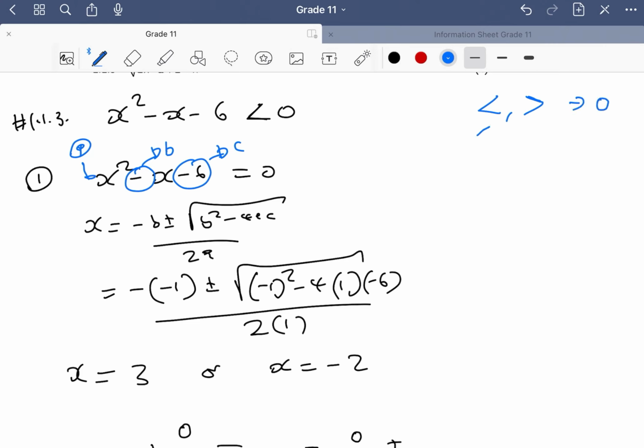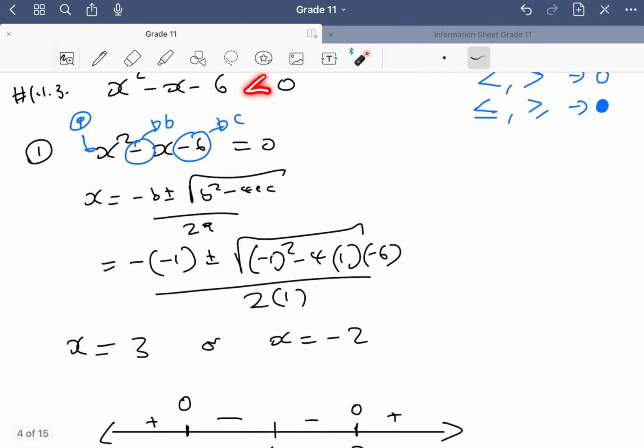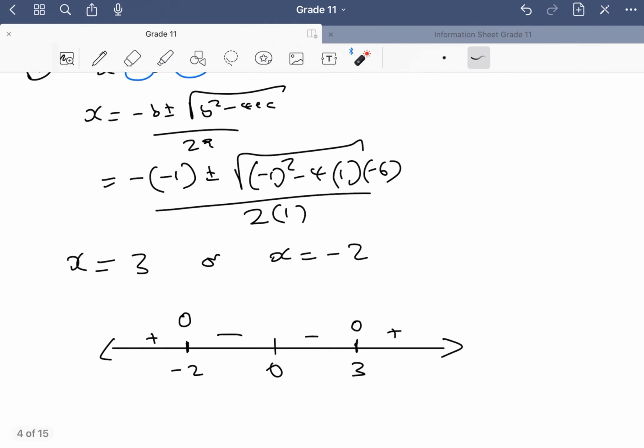But if it was less than or equal to, or greater than or equal to, you use a closed dot. That's very important. This has marks, so you use an open dot or a closed dot. Since we have just a less than, we're going to use an open dot.